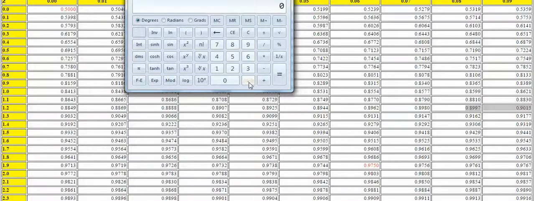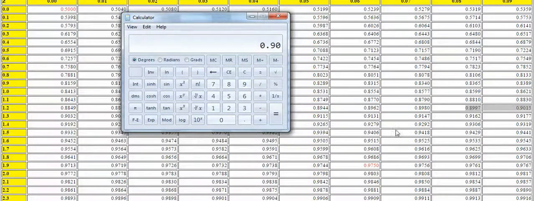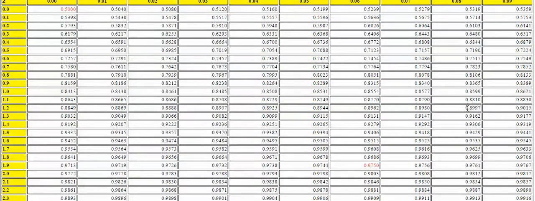We can just take 0.90 and subtract it right here. Comes out to 0.0003. Turns out that this one is actually closer. I'll probably explain to you somewhere else outside this video why this one is the closer one. But for right now, just realize that we needed to get the closest one to 0.9 because 90% is 0.9.